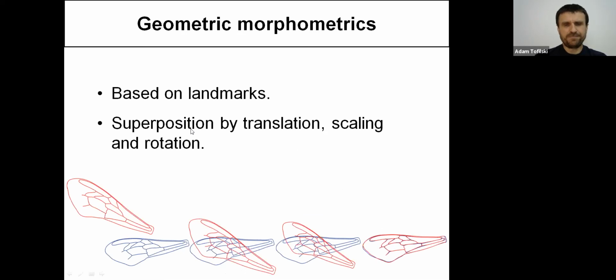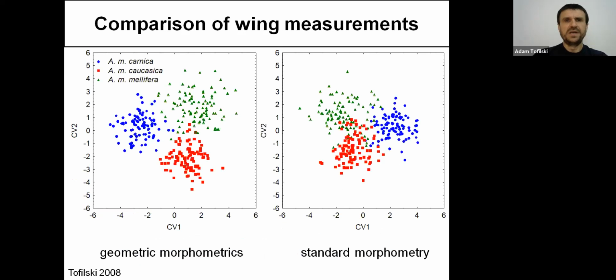Anyway, you can analyze the landmarks by translation, scaling, and rotation. The good news is that beekeepers don't need to know all the details, because it's enough if some software calculates this for them. I compared the standard morphometry, which is the method used by Rutner, with geometric morphometrics, and I showed that the discrimination using geometric morphometrics is better.